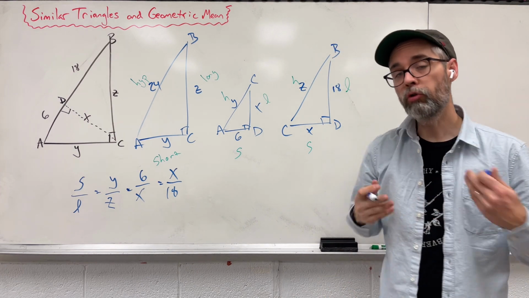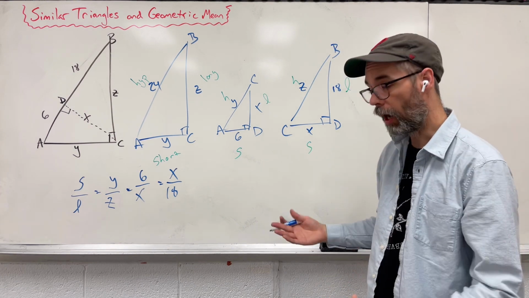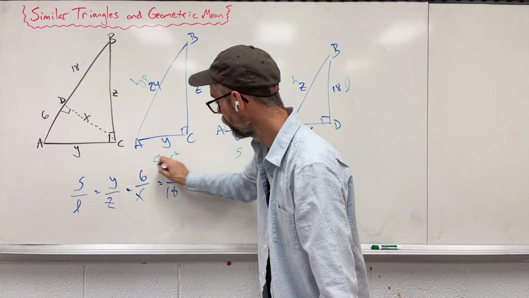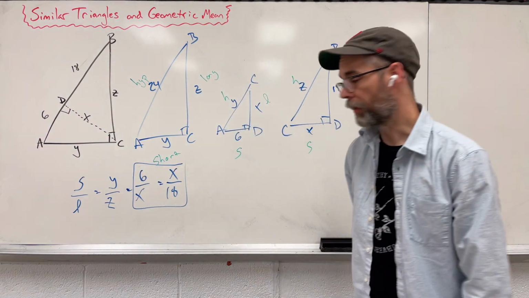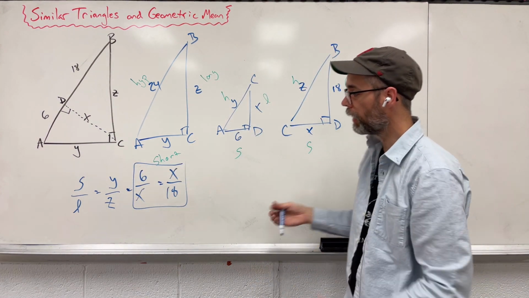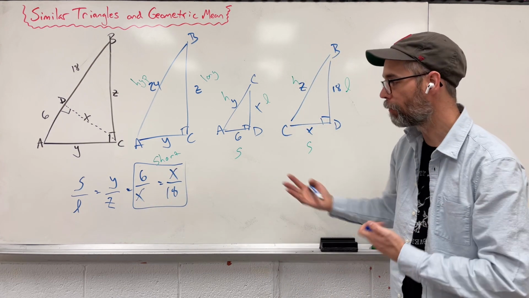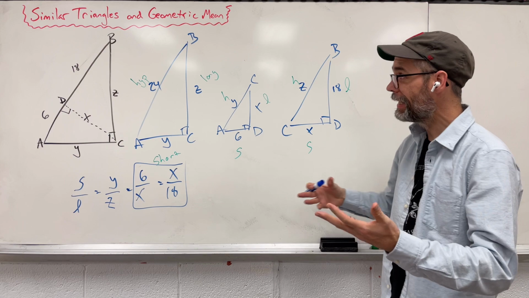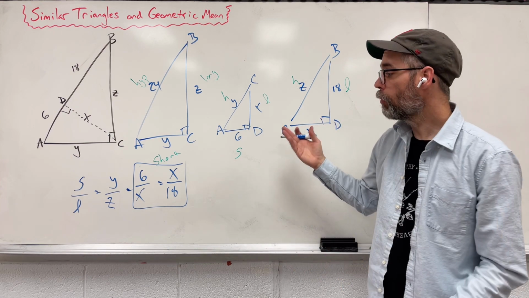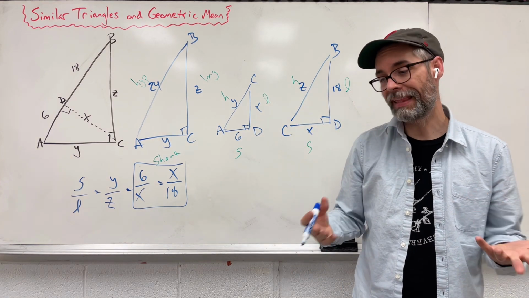So what we are looking for in order to solve these problems is this: when I have my three triangles, I want an x and an x. I want the same variable in my problem. So that is geometric mean. Now we just have to cross multiply and figure out what that x is.